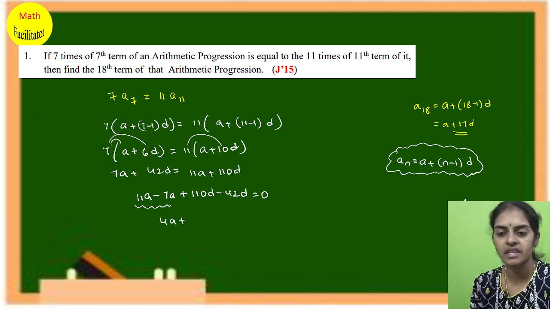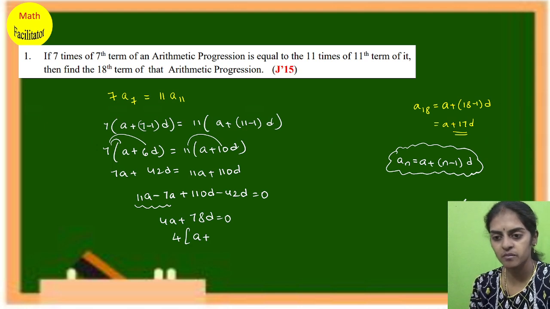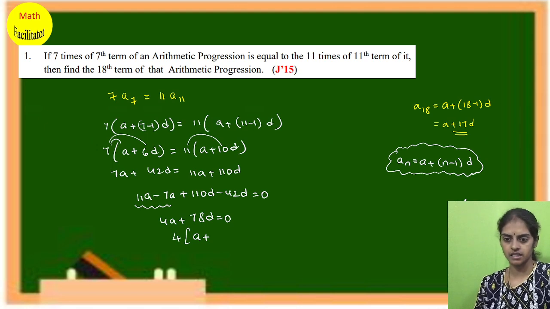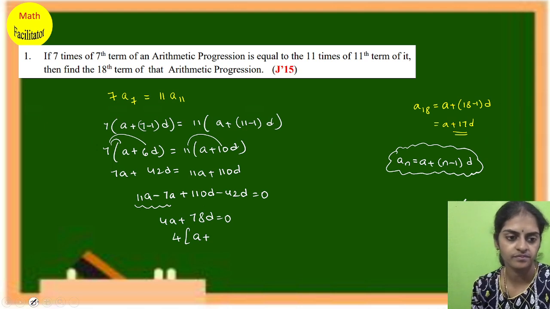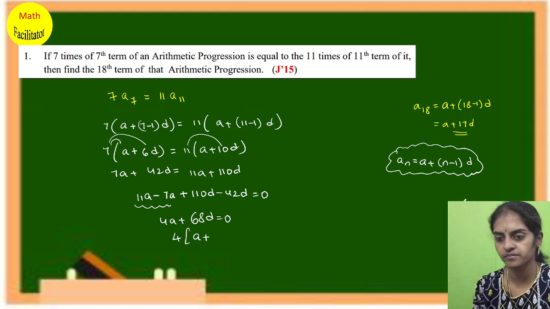If I subtract, how much am I getting? 110 minus 42 is 68, isn't it? Yes, 68d equals 0. So 4a plus 68d equals 0. If I take 4 common, 68 divided by 4, how much will I get?